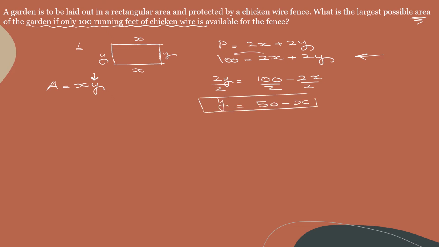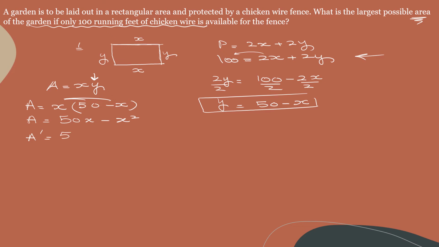Now put this value of y in our constraint equation so that it will consist of only one variable. So in place of y, substitute 50 minus x. Open the bracket, so we will get A equals 50x minus x squared. Take the derivative to find the x value.